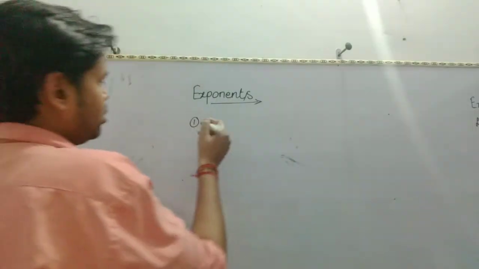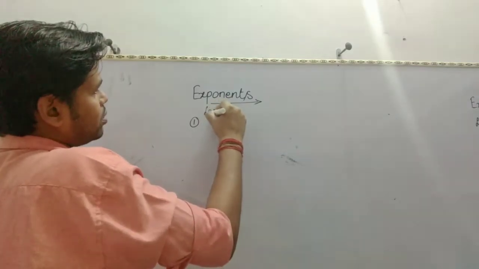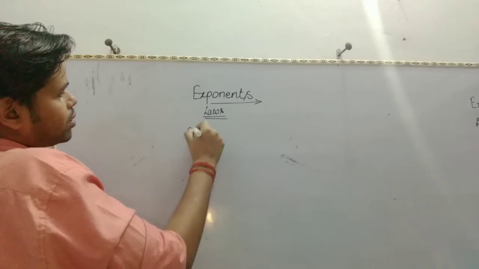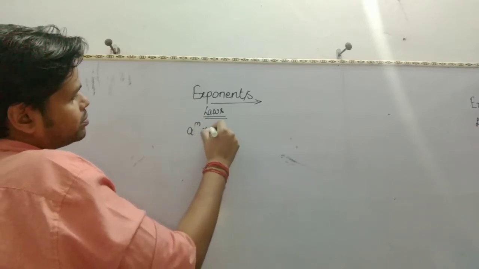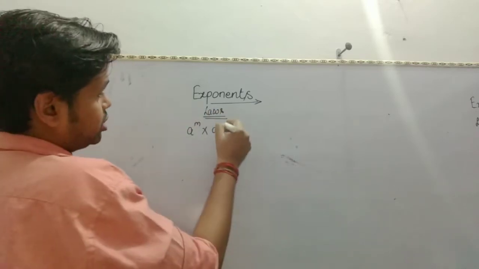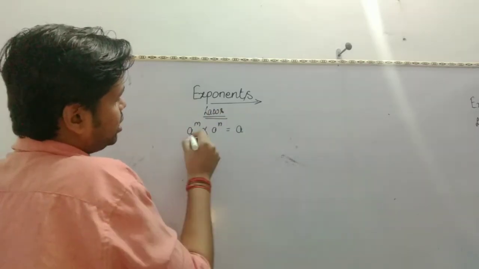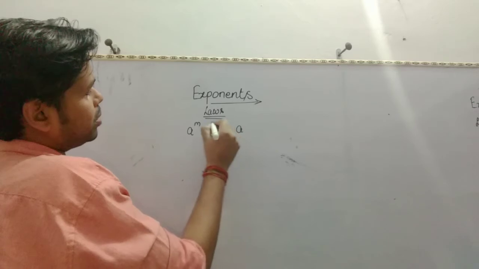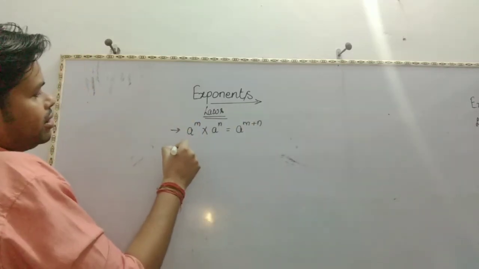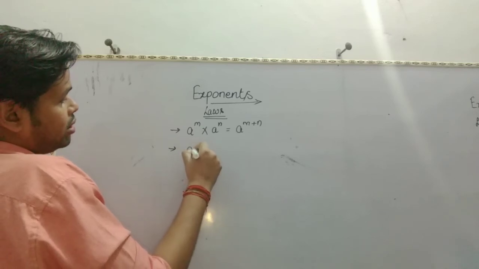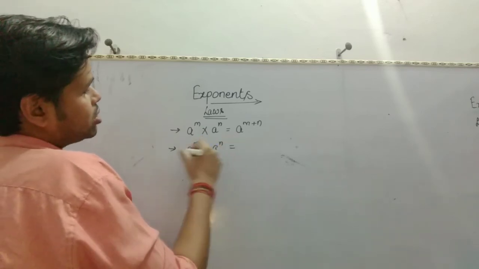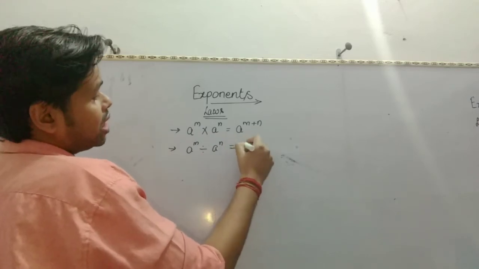Recap of the laws of exponents: when the bases are same, the powers are added in the case of multiplication. That is, a to the power m into a to the power n yields a to the power m plus n. The second law says the powers are subtracted in the case of division when the bases are same.